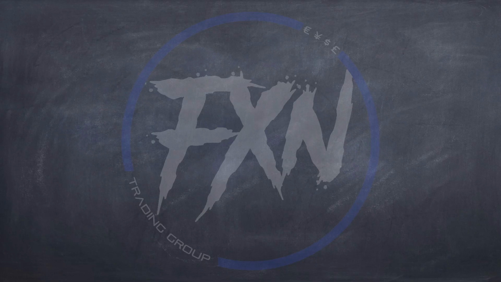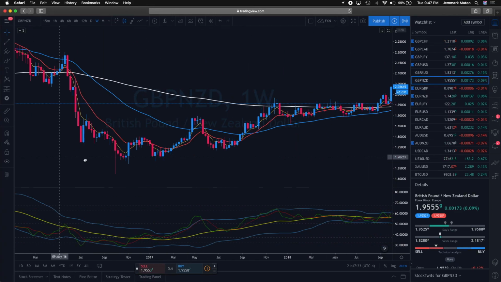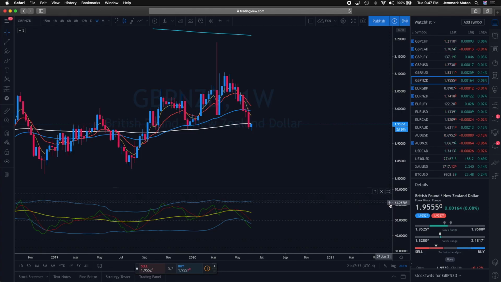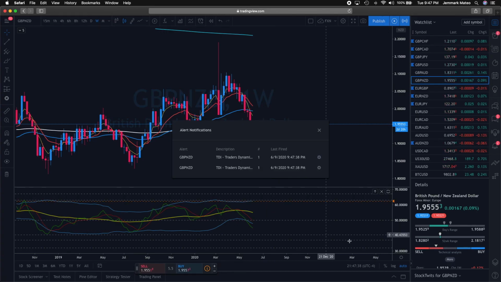Another thing that you could do as well is set up alerts on TradingView on the extreme highs and lows of the TDI on a weekly chart. So if you want, make it easy for yourself and put alerts here on the TDI. Let's say put alerts like right here. Put an alert right there on the TDI.